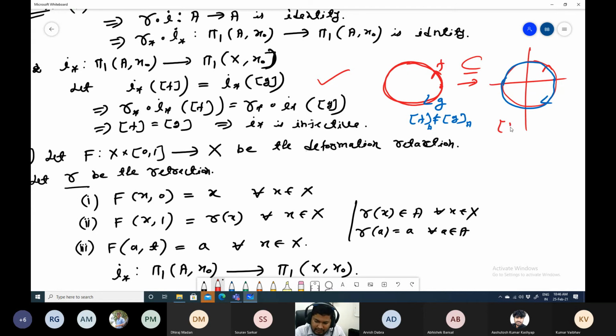So F is the same as G in X. Is it clear?